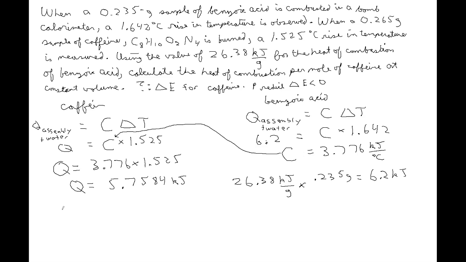Since I'm assuming they want it in kilojoules per mole, we take our 0.265 grams of caffeine and divide it by the molecular weight, which is 194, so 0.265 divided by 194 is equal to 0.001366.